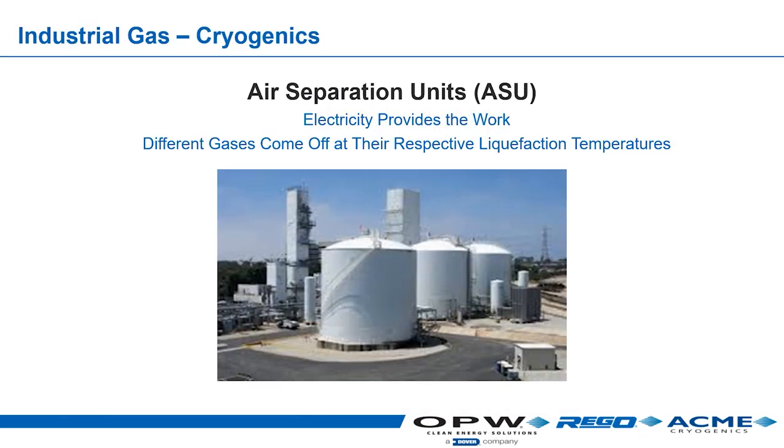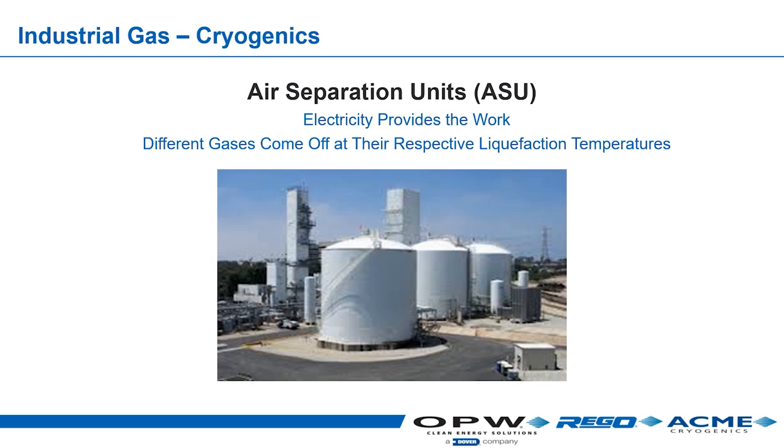So now going to get into ASUs, or air separation plants. Like I mentioned before, where do these products come from? They come from the air that we breathe. At an ASU, they'll have huge compressors sucking the air out of the atmosphere, and the biggest cost in an ASU is electricity.